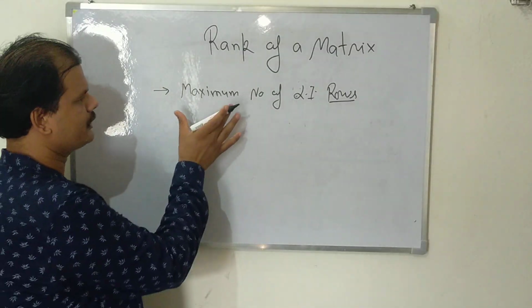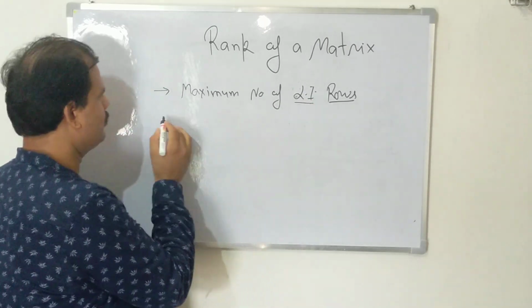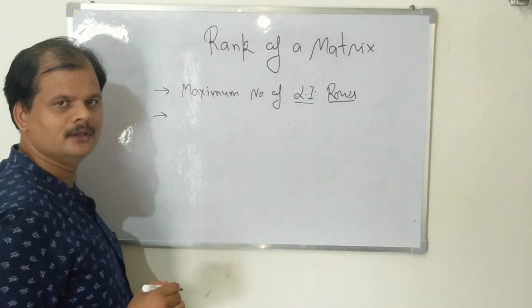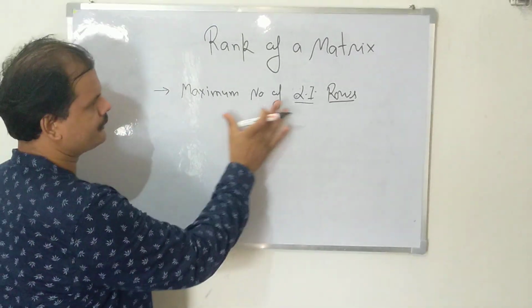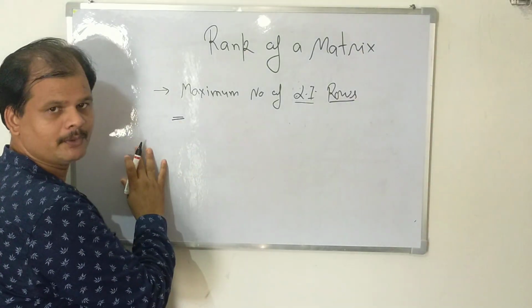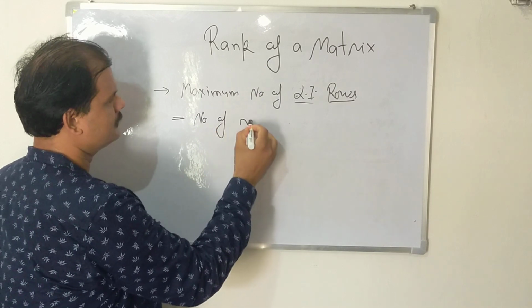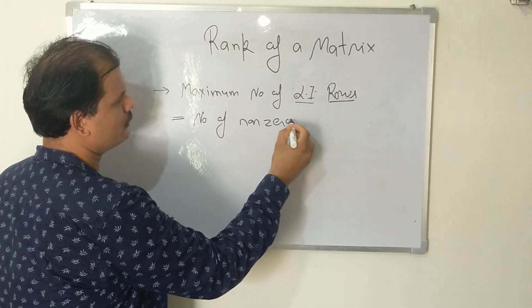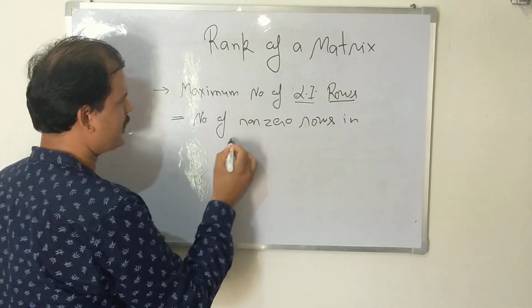So the next question, how to find this maximum number of linearly independent rows? For that we have row echelon form. So the maximum number of linearly independent rows is equal to the number of non-zero rows in row echelon form.